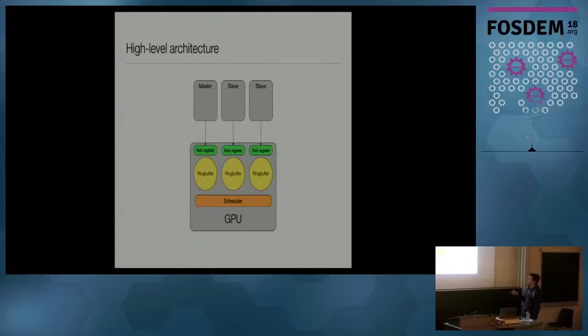By telling the kick register, they could kick the scheduler to actually pick up the work. It's somehow the same working mechanism as we learned this morning from Sebastian's talk about the Intel GPU architecture.